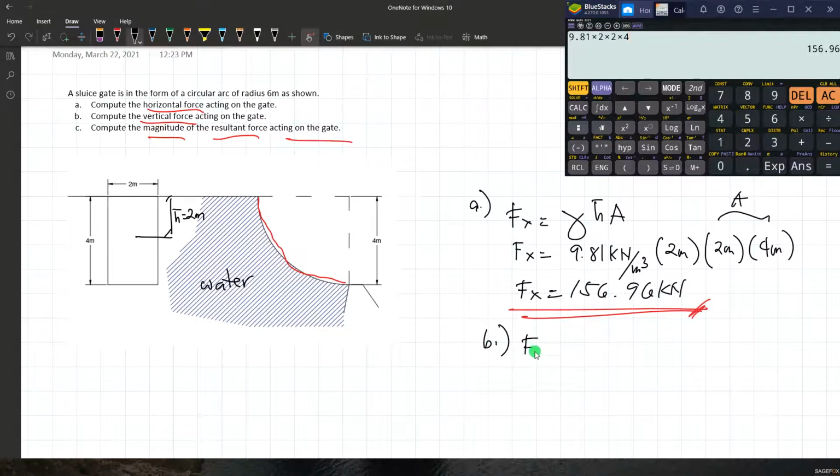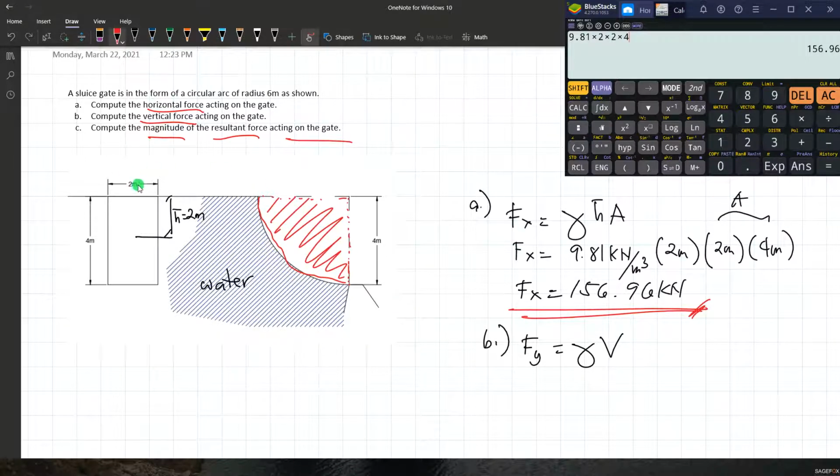For letter B, vertical FV or FY, say FY, it's the product of unit weight of water and the volume. So the volume here, if we extend the edges of this curved gate vertically, upward, the volume formed is this one.